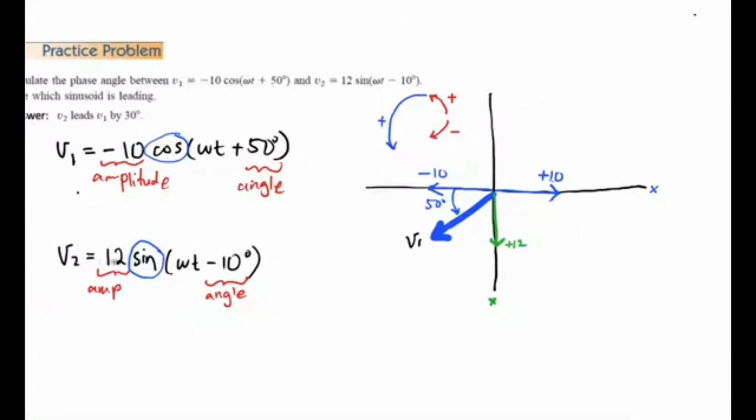In this case, this is positive 12, and the angle is negative. Looking at this reference, negative means you have to move this way. So this amplitude of 12 phasor, you will move it this way with an angle of negative 10. So the final phasor will be somewhere here, and that is your V2.